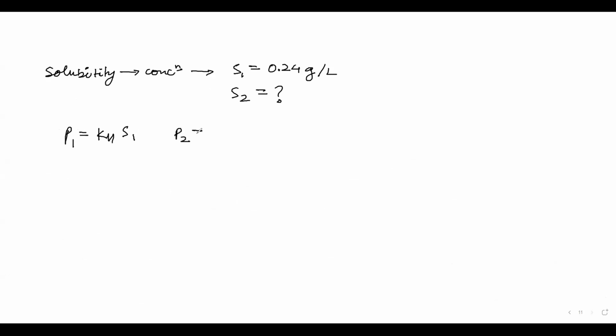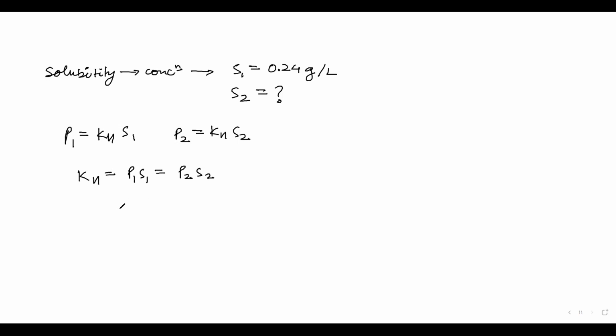Similarly, P2 is equal to KH S2. Are you okay with the idea that I can represent solubility in terms of concentration? Usually we do it in mole fraction, but if mole fraction is not there, then we can directly write solubility. So KH is equal to P1S1, which is equal to P2S2.